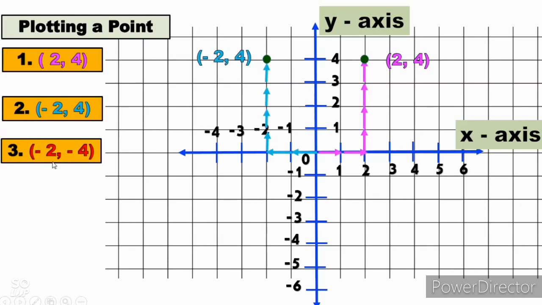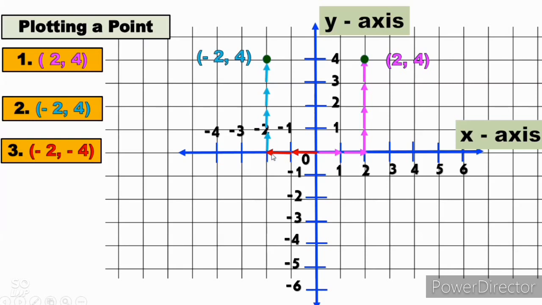Okay, next, let's have number 3. We have negative 2, negative 4. So, our x-coordinate is negative 2, y-coordinate is negative 4. Since our x-coordinate is negative, so from the origin, we count 2 units going to the left direction. Okay, now we count. We have, from the origin, we have now 1 and 2.